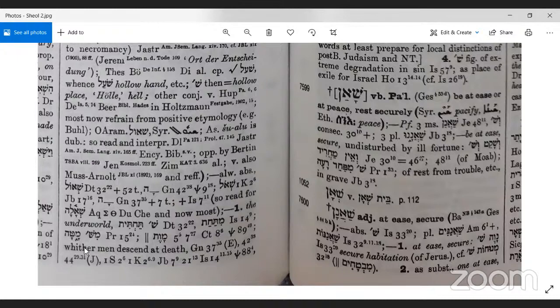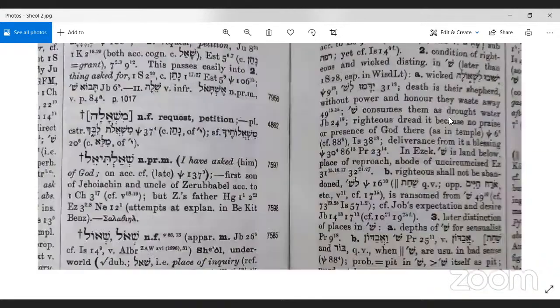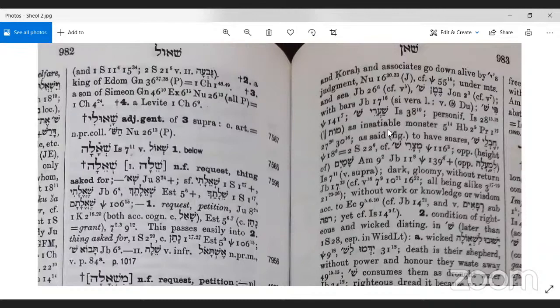It says whither men descend at death. Okay. All right, gives the example about Korah. Let's see. Well, that's interesting.